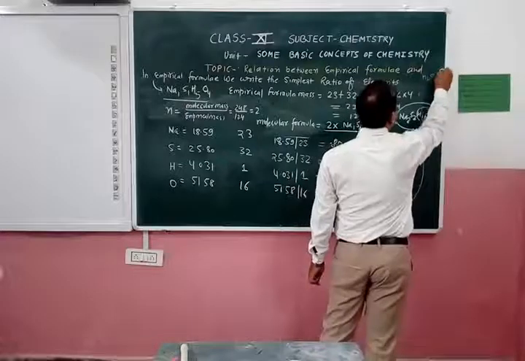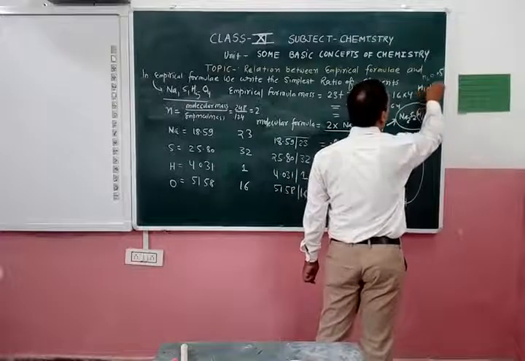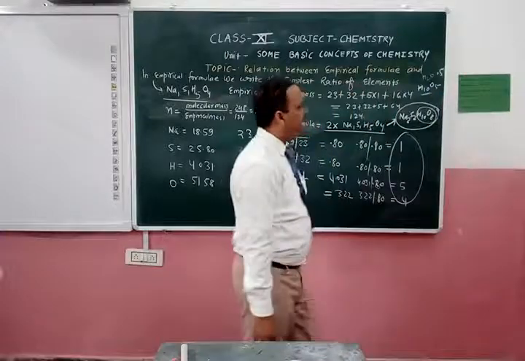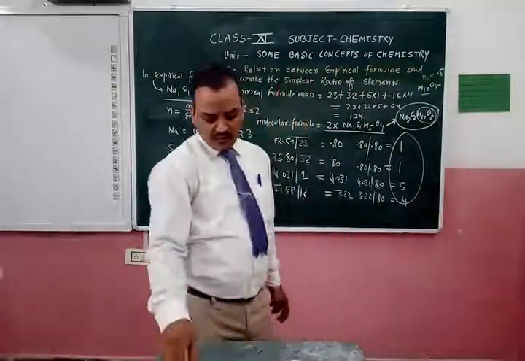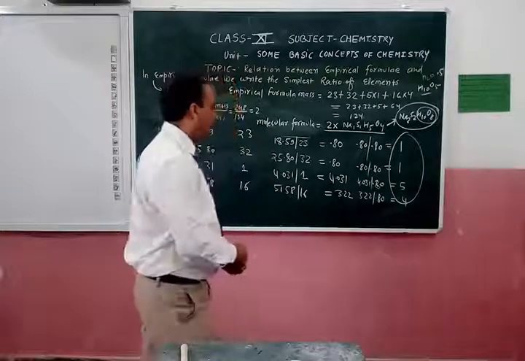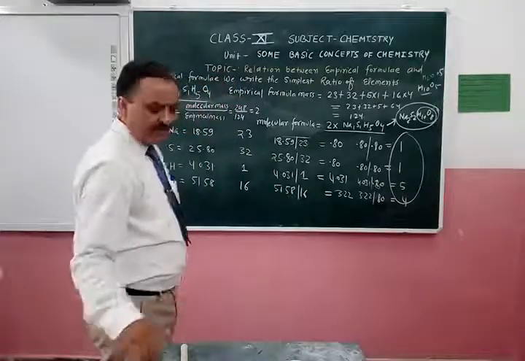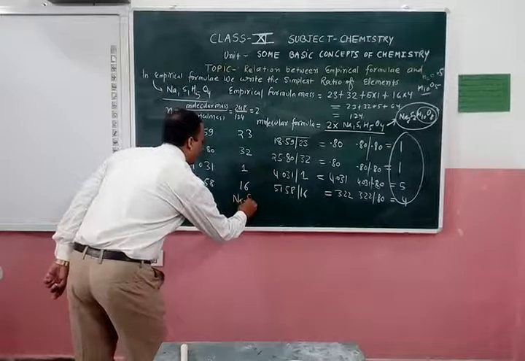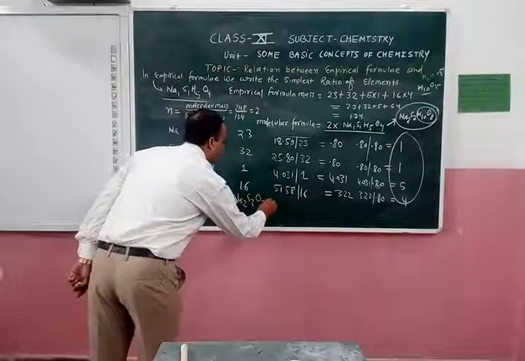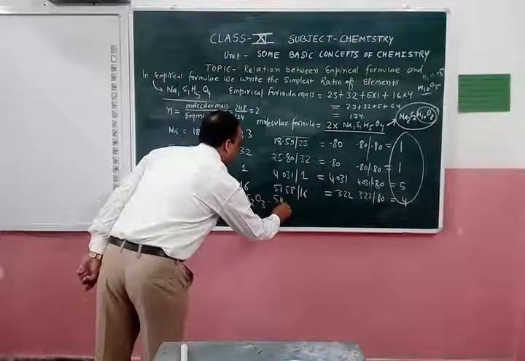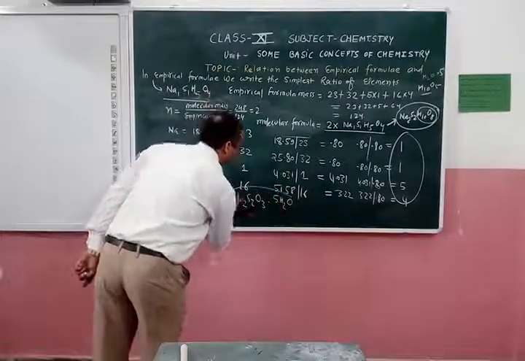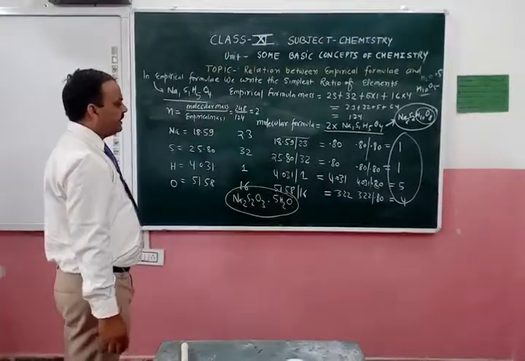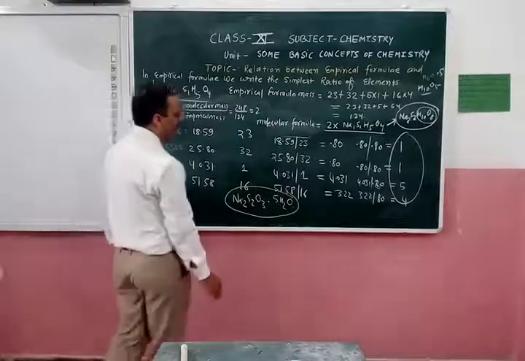If we take the H10O5 out, we are left with Na2S2O3 in this particular molecule, so the formula is Na2S2O3·5H2O, and these water molecules are present as water of crystallization.